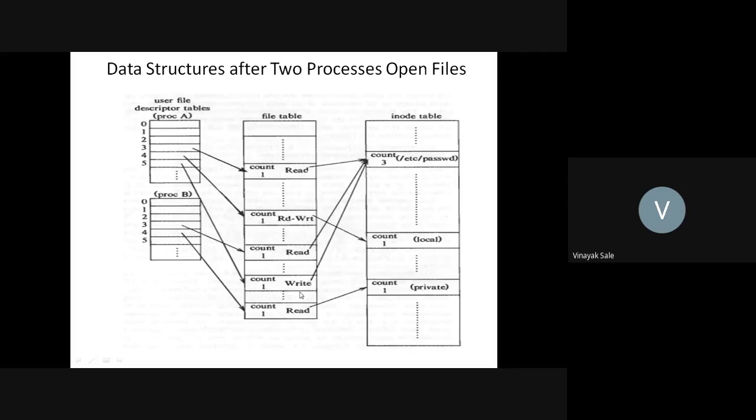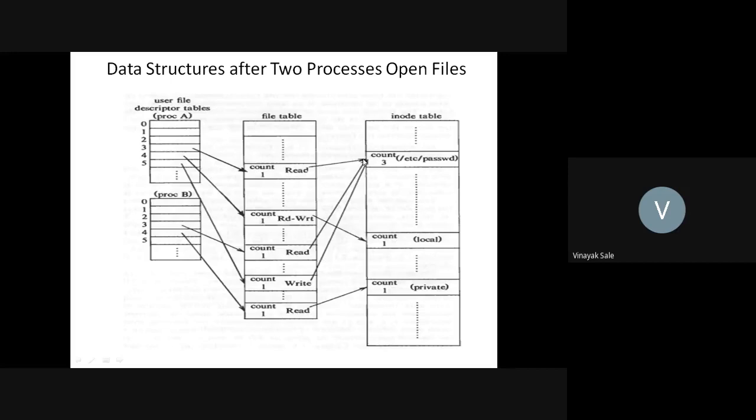But in the inode table there is count 1 for local, count 1 for private, but count 3 for password, because this file is opened 3 times: first for reading, second time again for reading, and third time for writing.